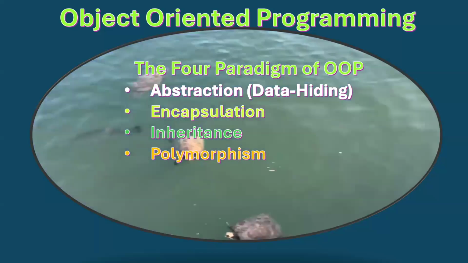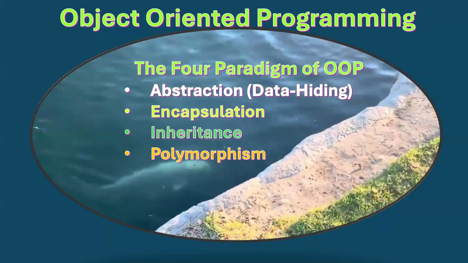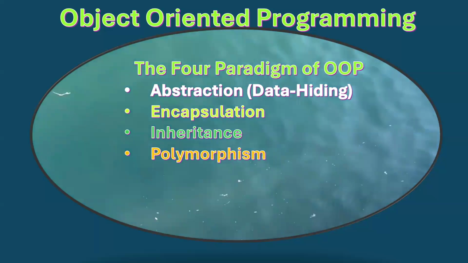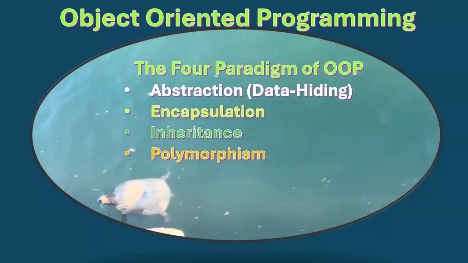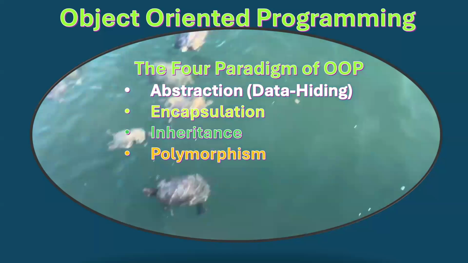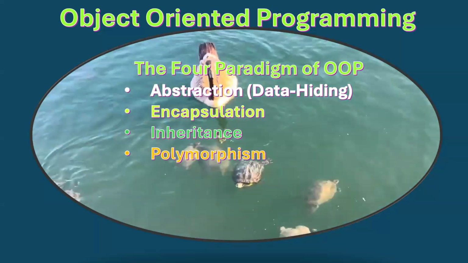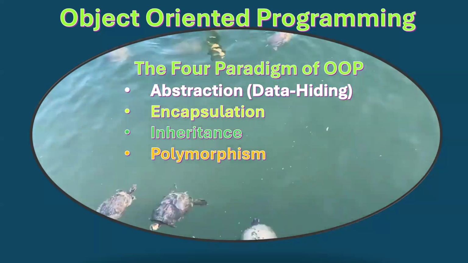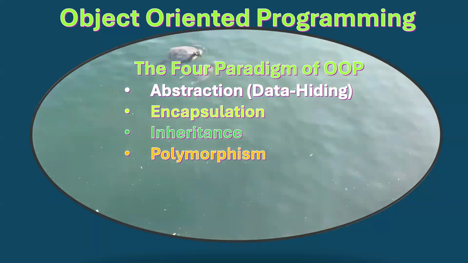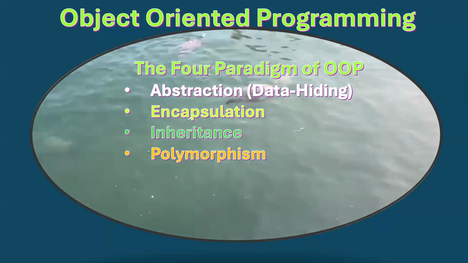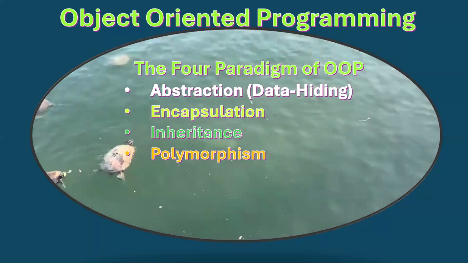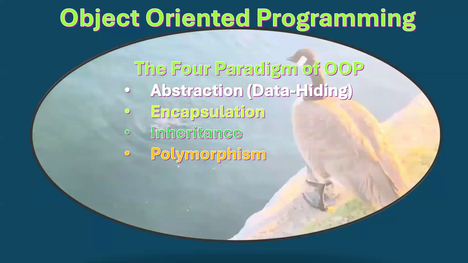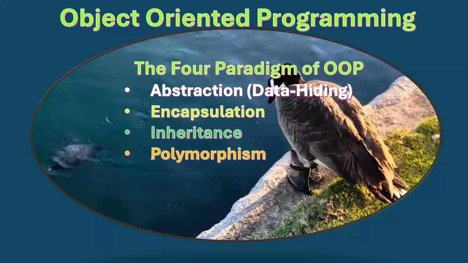The class goose also inherits all the common attributes and methods from the animal superclass, and the goose would be a subclass. Similarly, turtle would be another subclass, and duck, fish, and bird would each be another subclass. Each one of them has some common attributes from the animal class.